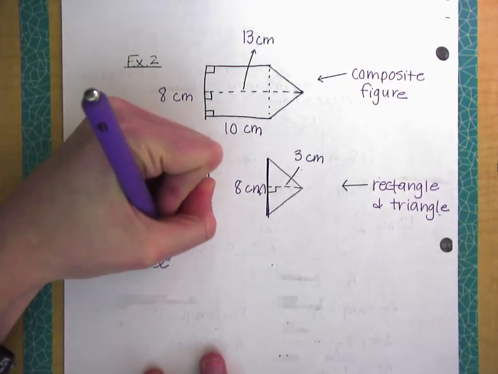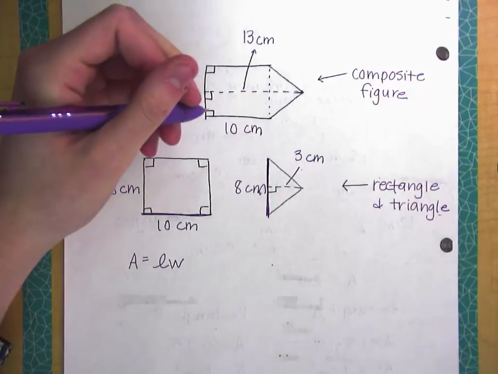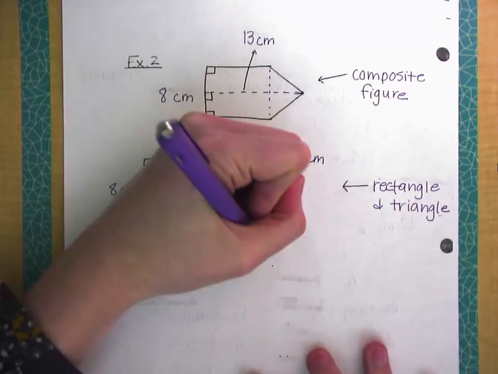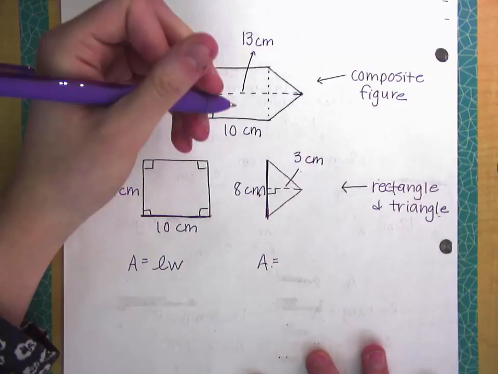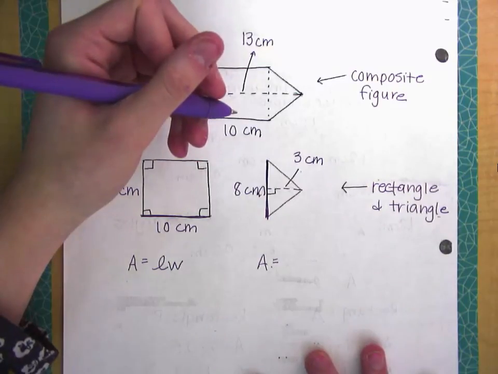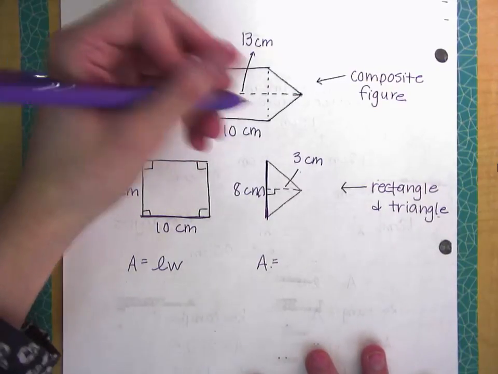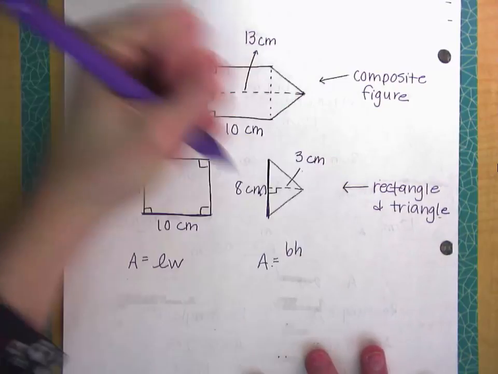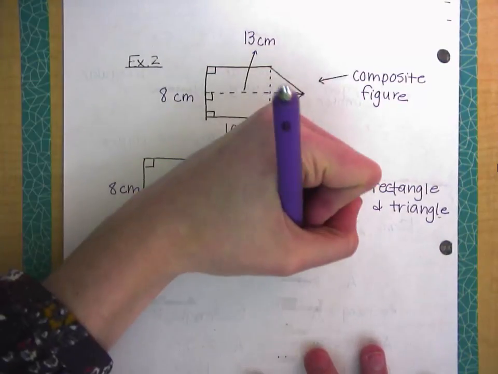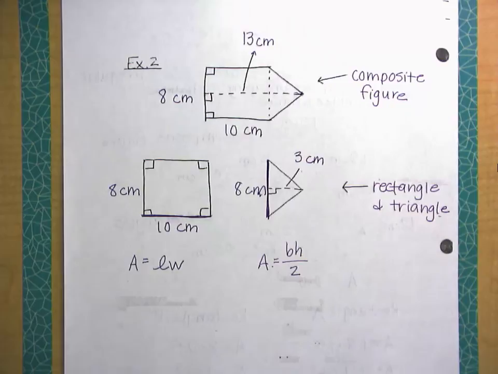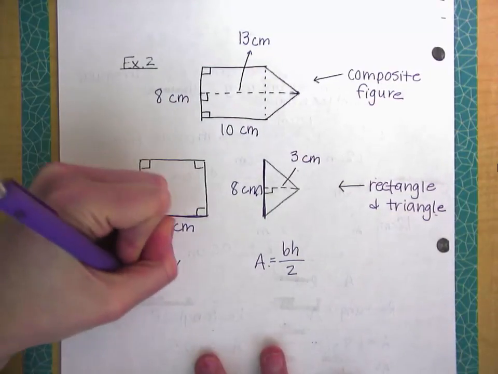Length times width. Those need to be quick, okay? What about the area of a triangle? Sarah Alice? Base times height divided by 2. Good. All right. So to find the area of the rectangle, what would I plug in?